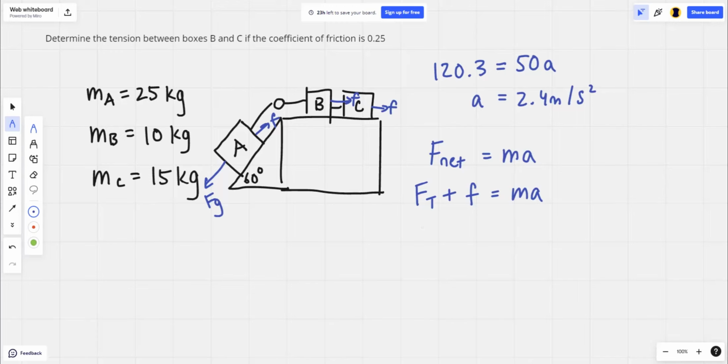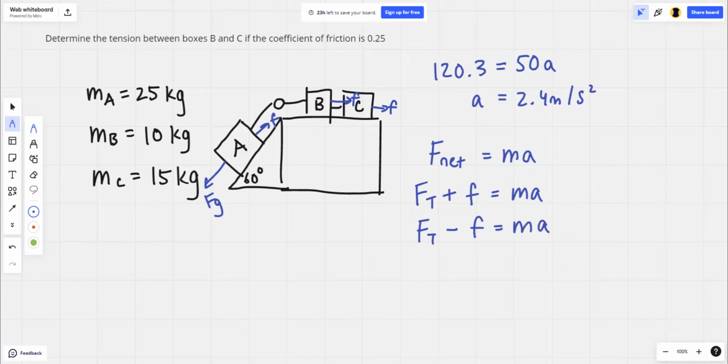So the tension force is going this way because it's pulling box C to the left, which is the direction of motion, so it's going to be positive. But for the friction force, it's opposite that, so that's why friction is negative. So negative friction equals ma.